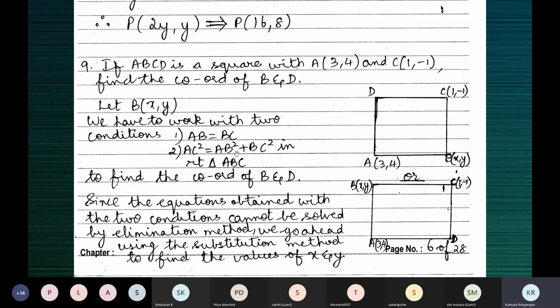But in the second one, you will get something like 4x square minus y square is equal to 5. I'm just saying, for example. So the first equation is in x and y, the second equation is in x square and y square. So how to solve? Using the substitution method.